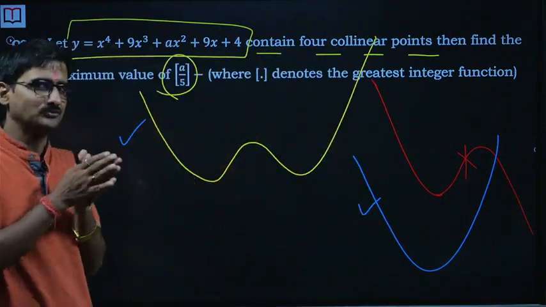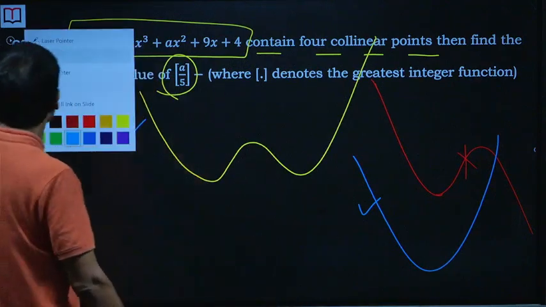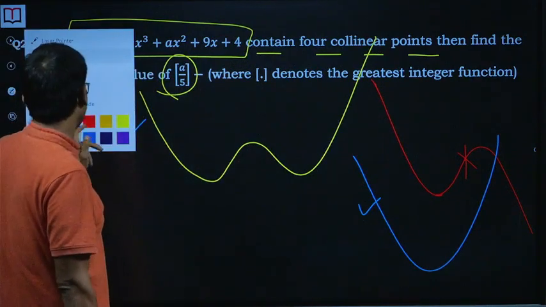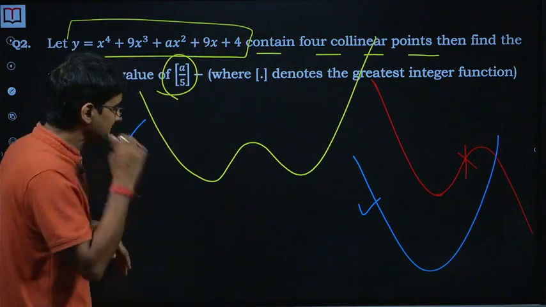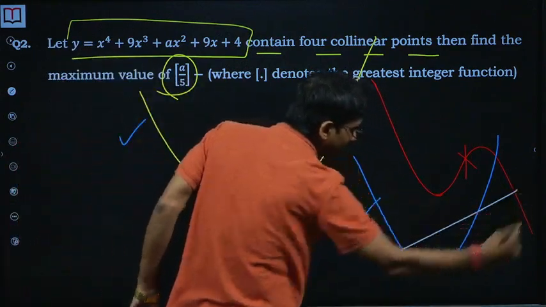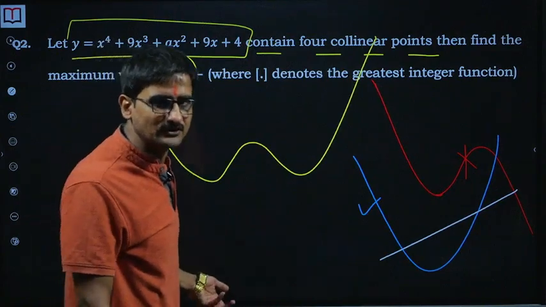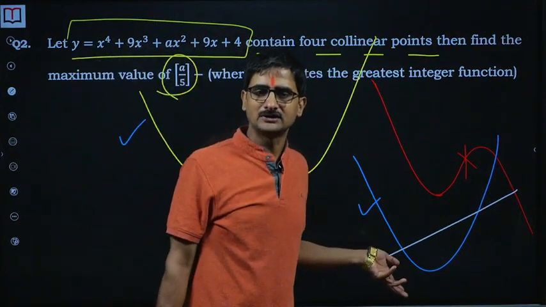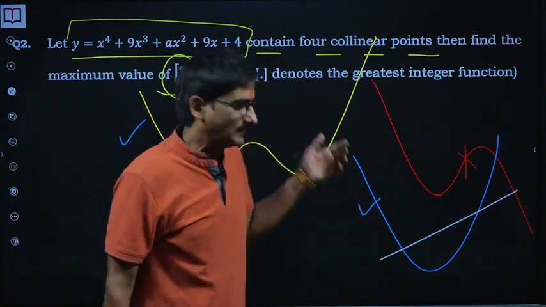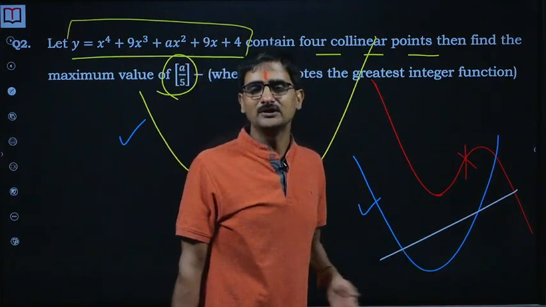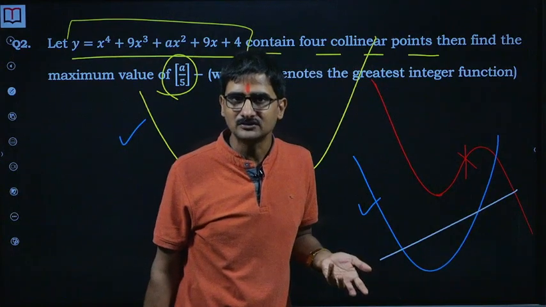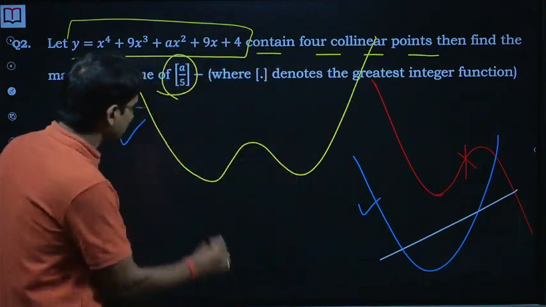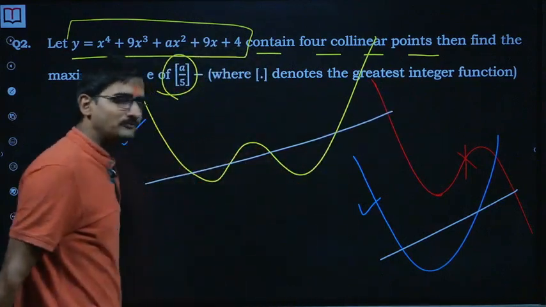I started with the roots, then all of a sudden I realized that there's no need to go for the roots. Why? Can we have 4 collinear points? That means 4 points on the curve which lie on the same line. If a line intersects the curve at only 2 points, you can't have 4 collinear points on the same curve. That's the only case when you have 4 collinear points.